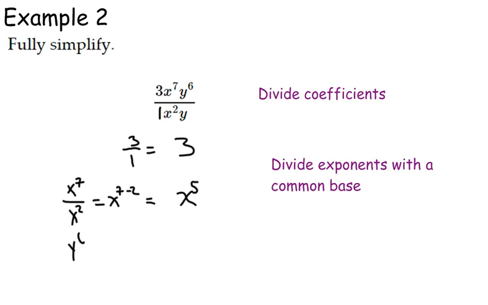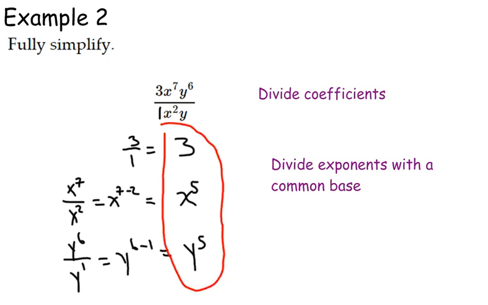So y to the 6th power divided by y to the 1, invisible exponent of 1 there. So we get y to the 6th minus 1, which is equal to y to the 5th. Then we're just going to put all this together, and that's going to be our final answer. So we get 3x to the 5th, y to the 5th. That's our final answer.